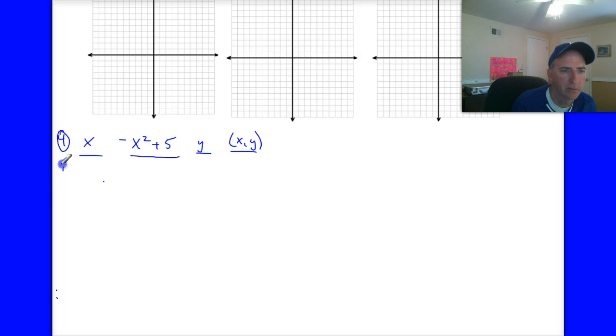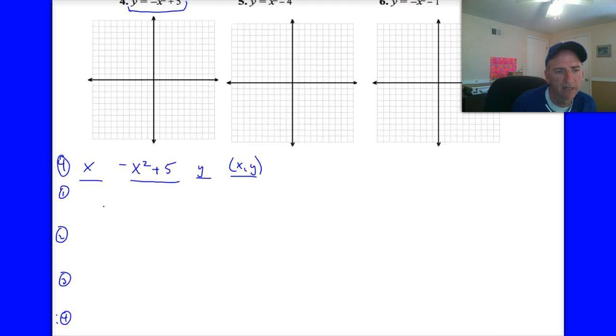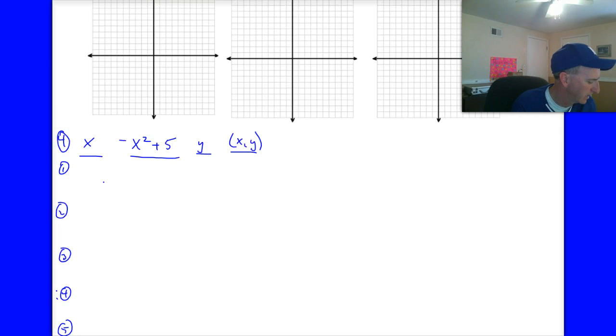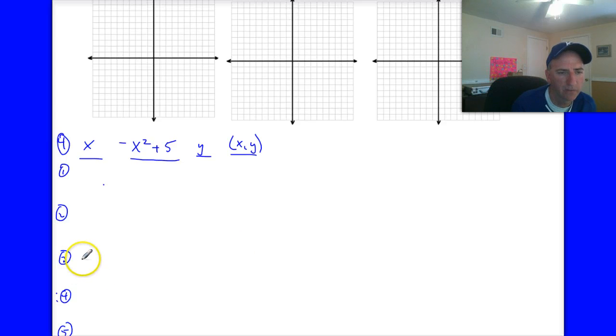So I'll do the first point here, give myself some space, second point, third point, fourth point, and the fifth point we'll get down here. Now, I'll help you out a little bit. I know where the vertex is, and you will learn later how to find that. But this particular vertex is at where x is 0.